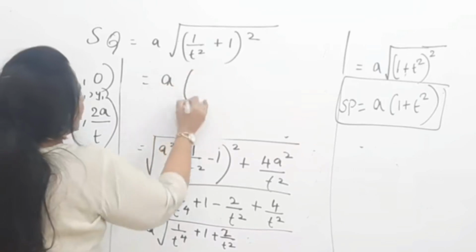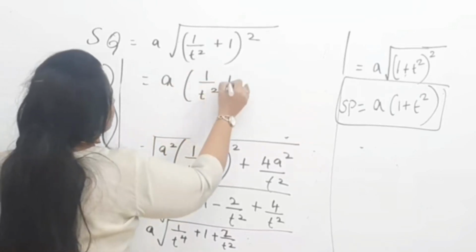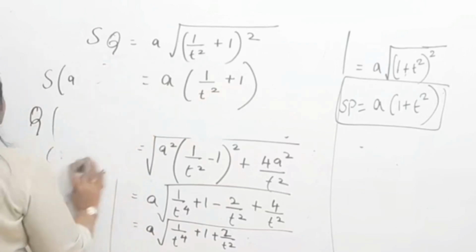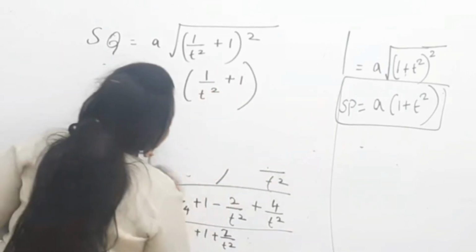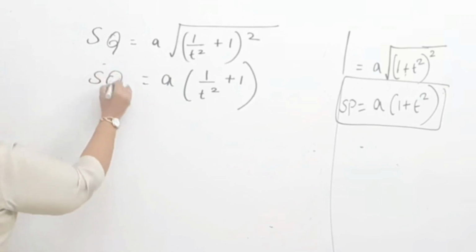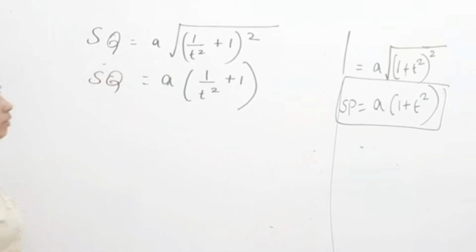I would have my square root taken outside. So my SQ becomes a into 1 by t square plus 1.